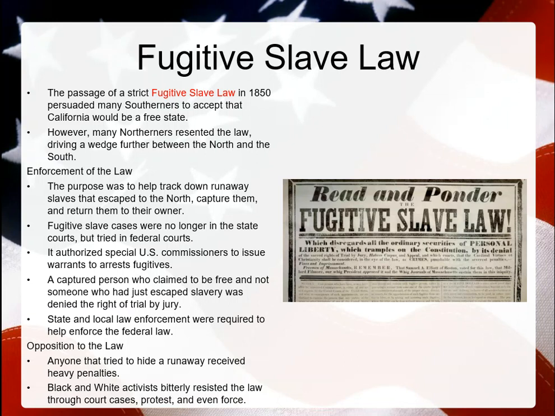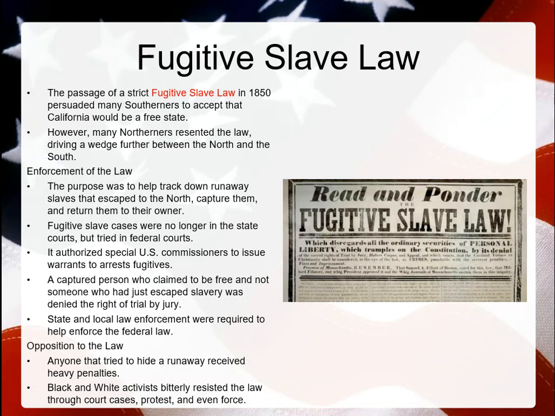A captured person who claimed to be free, and not someone who had just escaped slavery, was denied the right to a trial. And state and local law enforcement were required to help enforce the federal law. So there was a lot of compulsion with this law.